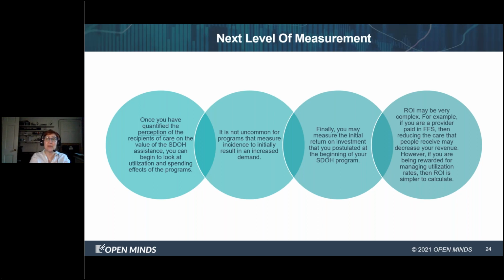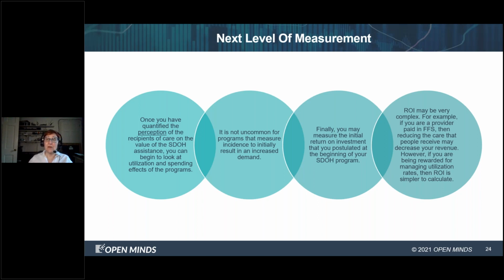This is where value-based programming becomes really important, because you don't want the financial incentive to be on keeping people at high service needs. You want people to get better. And so you do need to think about the financial incentives as you're building some of these programs.